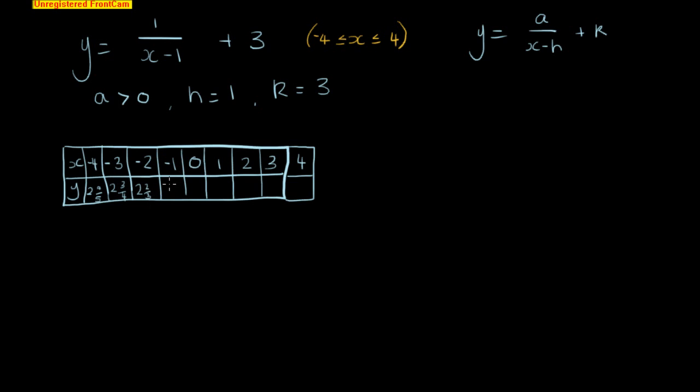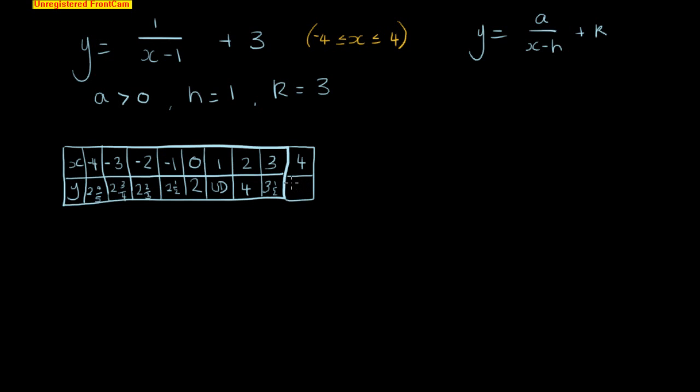If x is 0, we get 2. If x is 1, we get undefined, so there's our asymptote. If x is 2, y is 4. If x is 3, we get 3 and a half. And if x is 4, we are at 3 and 1/3.